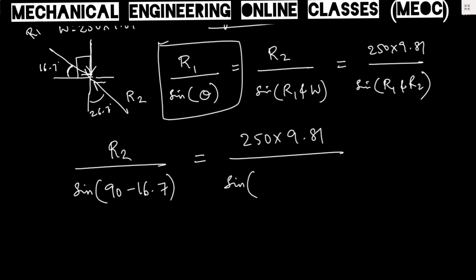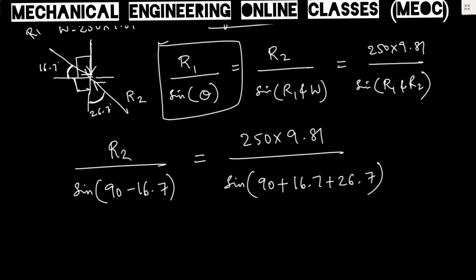So from R1 to horizontal is 16.7, from R2 to vertical is 26.7, and this is 90. The total angle is sine of 90 plus 16.7 plus 26.7.